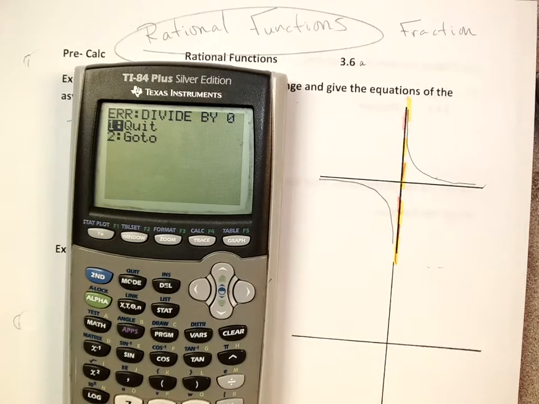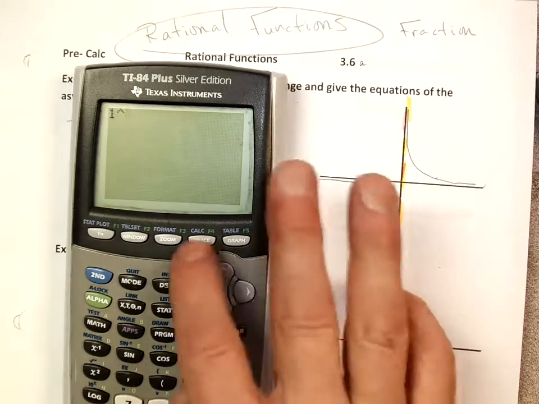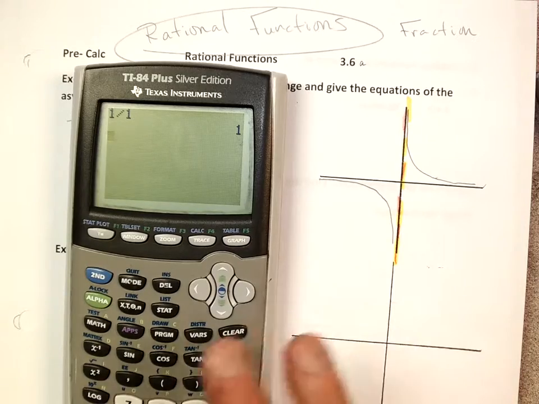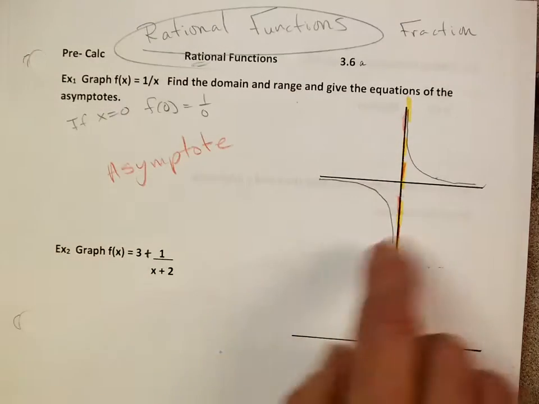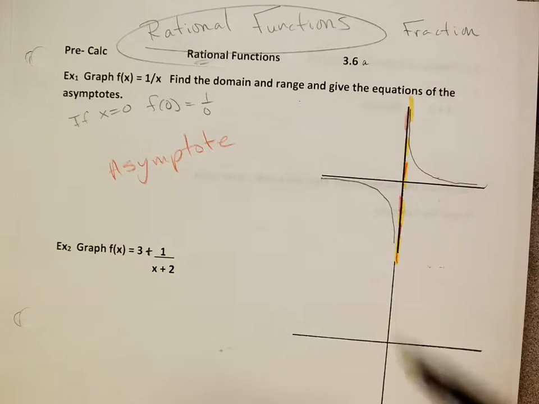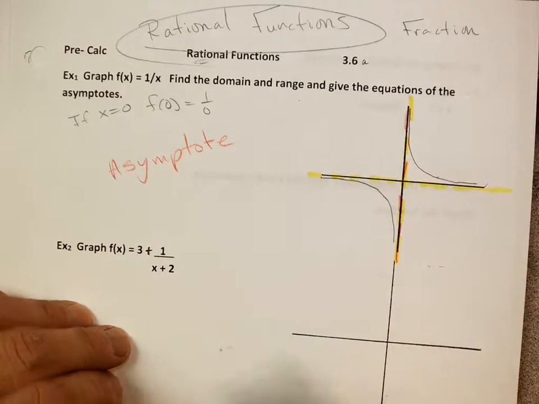Seriously? Bummer! 1 divided by 1? So one more time, 1 divided by what gives me 0? Nothing. So there is nothing that we can get for an answer of 0. So we get another asymptote, a horizontal asymptote at 0.